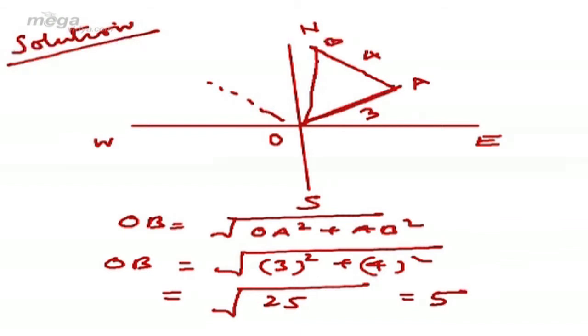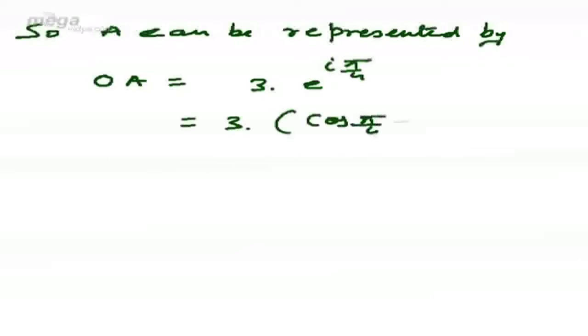Now the complex vector OA is inclined at an angle of 45 degrees with the positive direction of the x-axis. So OA will be 3 into e to the power i pi by 4. That becomes 3 into cos pi by 4 plus i sin pi by 4.